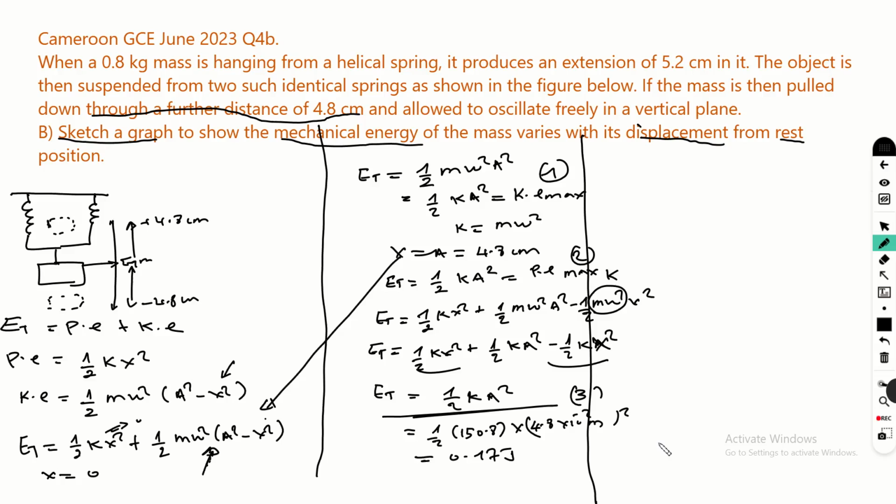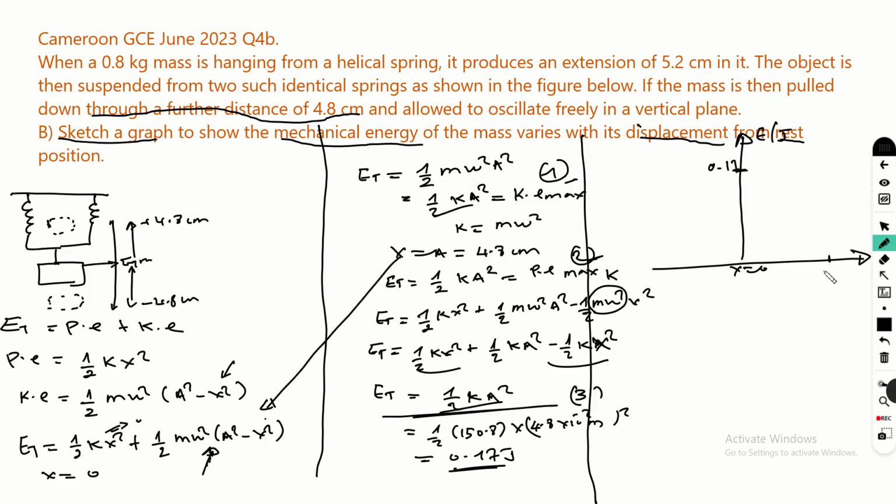Now, to plot this graph, let's say this is our axis, this is E in joules, and we have displacement. When x is 0, which is the equilibrium position, our value there will be the same as at 2 and the same as at 1, because we have the same formula. So if this is the 0 point, the value is 0.17.